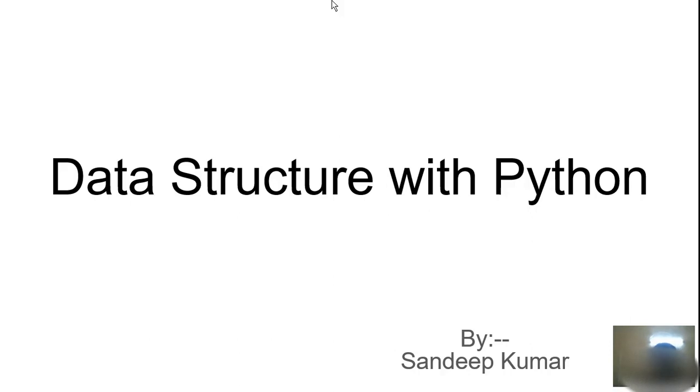So let's understand one by one what is data structure, and which types of data structure are involved in Python. Going to the next slide, we can see what is data structure.